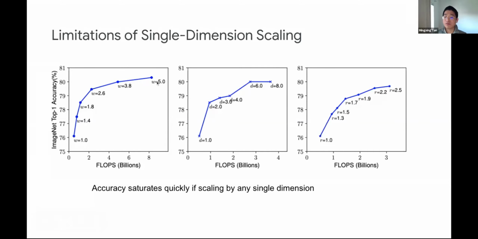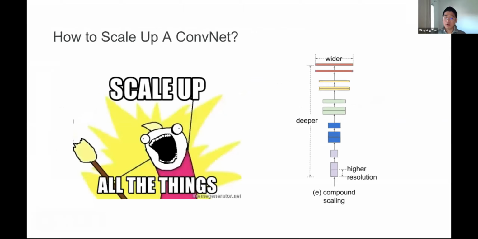We can only reach about 80 or 81% accuracy. So we were wondering why they saturate so fast, and what is the limitation? It turns out the limitation is we only scale up one dimension, and if you scale up one dimension, then you will be limited by another dimension.